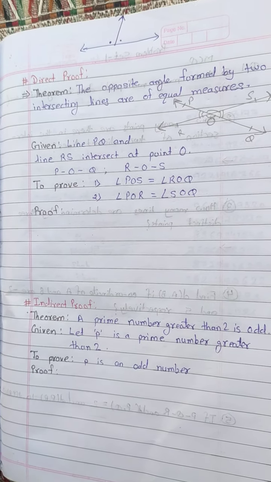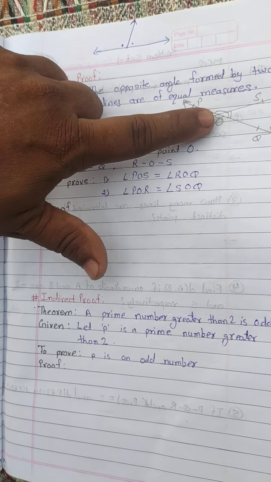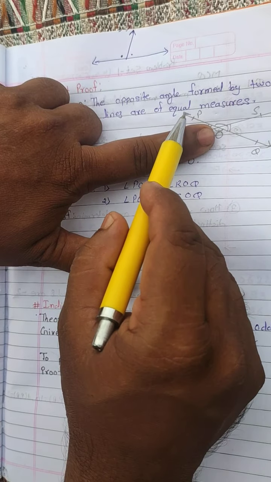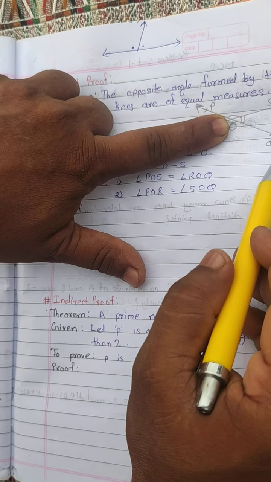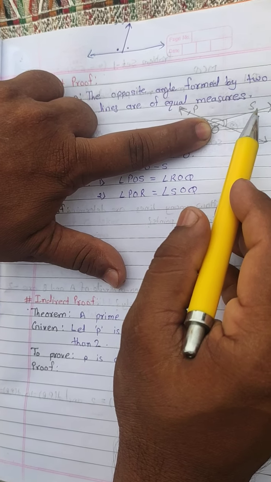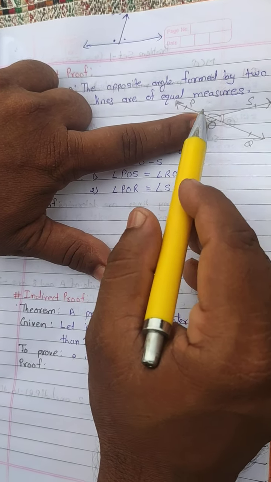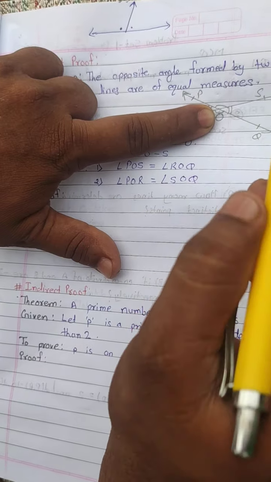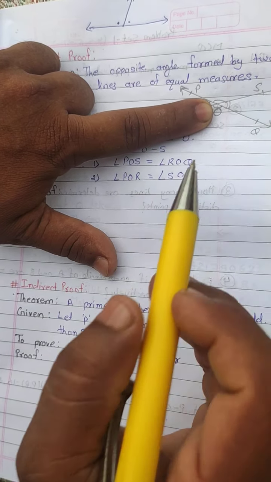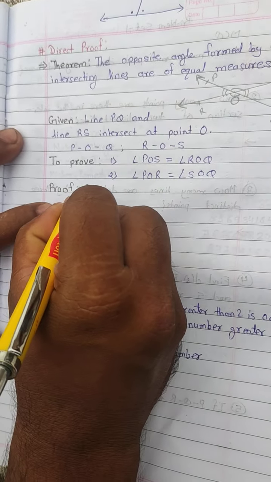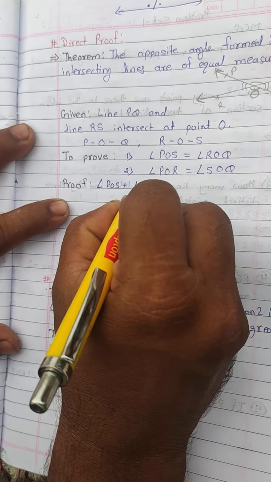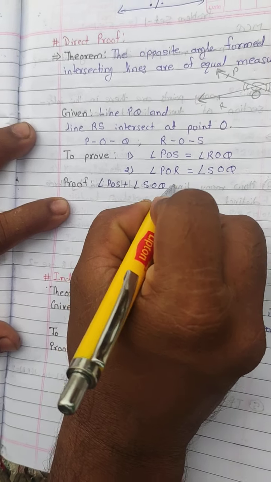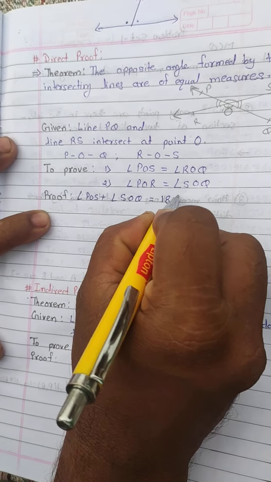So here also in this diagram, if we hide this line, in PQ, OP and OQ are opposite and OS is common. So we can say the angles POS and SOQ are a linear pair. So we write angle POS plus angle SOQ equals 180 degrees.